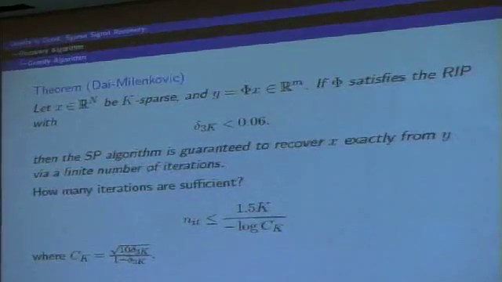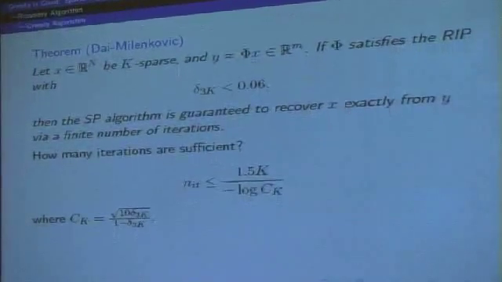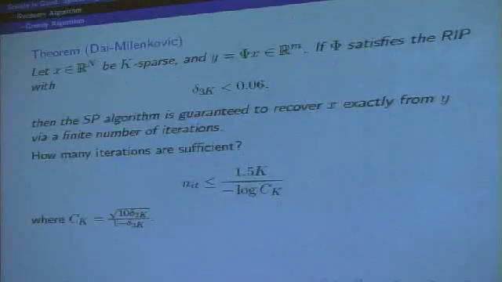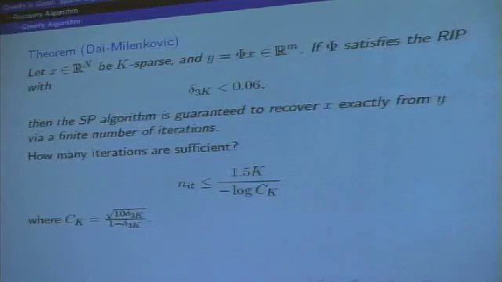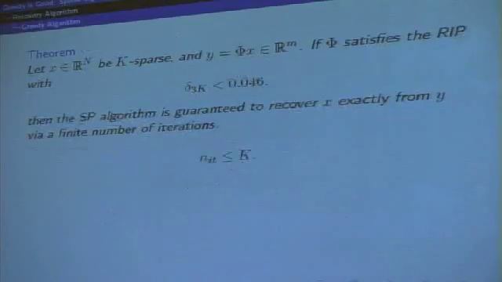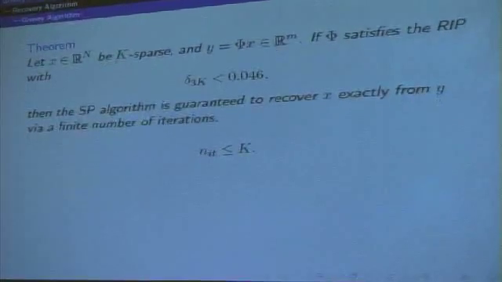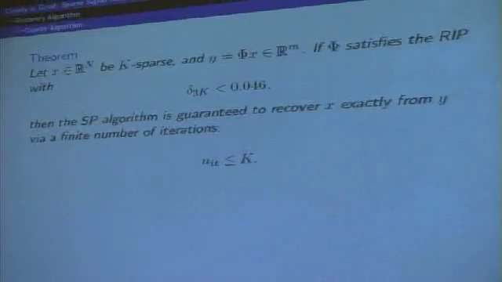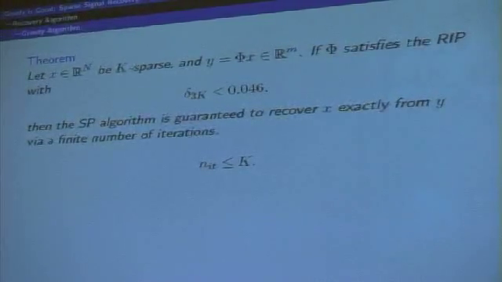Actually, the number of iterations is less than or equal to 1.5k divided by negative log c_k, where c_k is a constant depending on delta 3k. And actually, I can improve this a little bit. If this delta 3k is less than 0.46, we only need the number of iterations to be less than or equal to k.